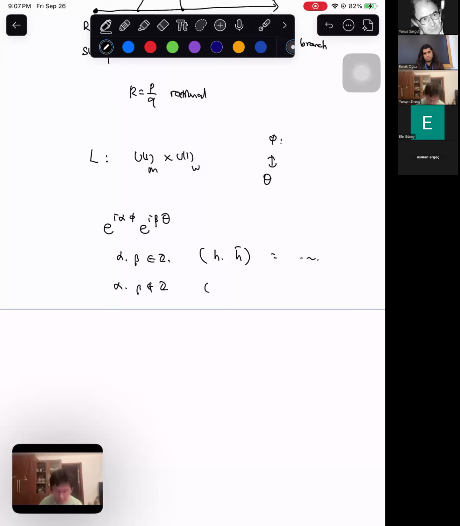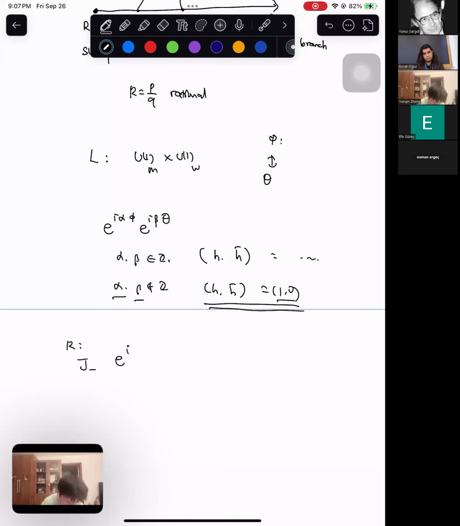You can also work out the scaling dimensions. And when you demand them to be 1,0, then you can solve for what values of α and β. It turns out that for each value of R, there are two values of α and β which satisfy this equation. The operators are like this.